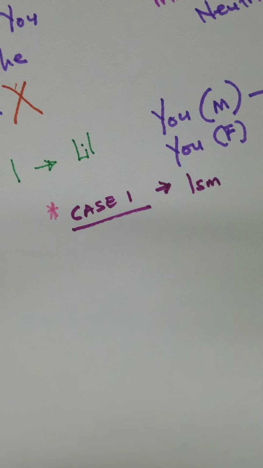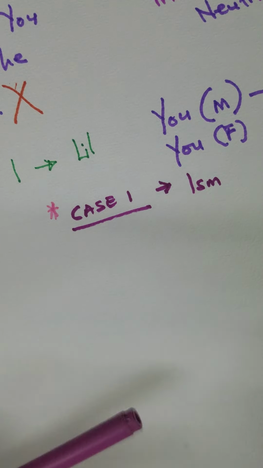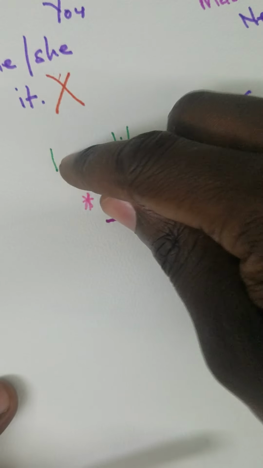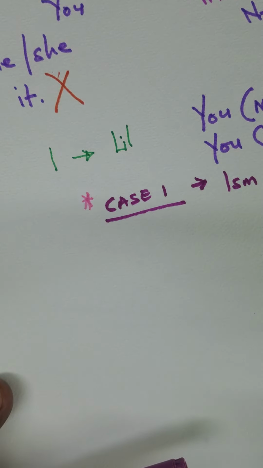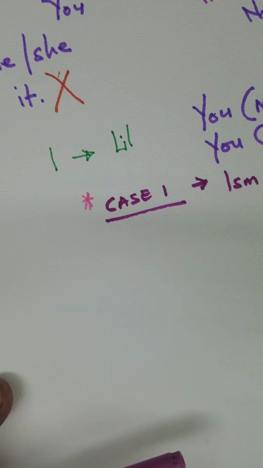For example, I have just said that this is I. Oh, I also want to let you know that words like is, am, are, we don't have them in Arabic.